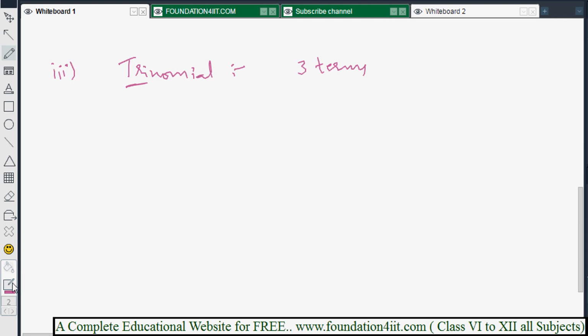Okay, let's see the example for this. Same as binomial, but a combination of three terms. So x plus 2y minus 3z is a trinomial having three terms, namely x, 2y and minus 3z. These are combined with plus.